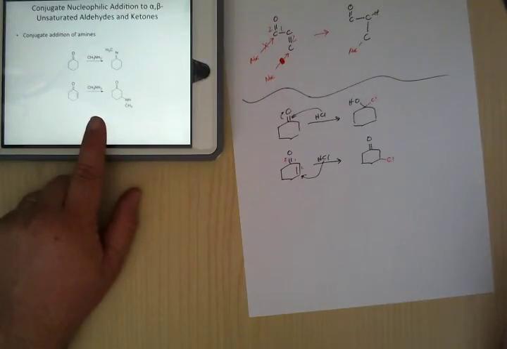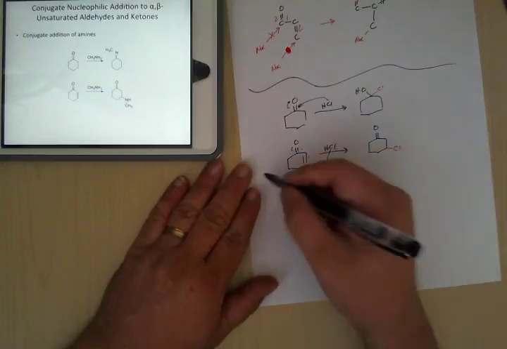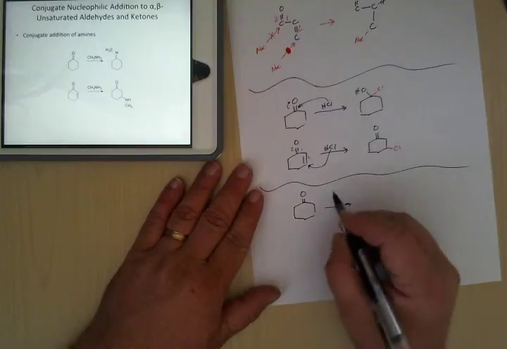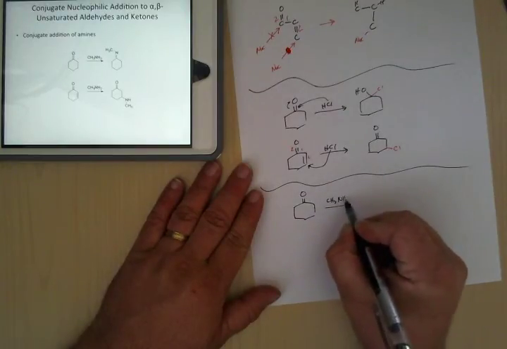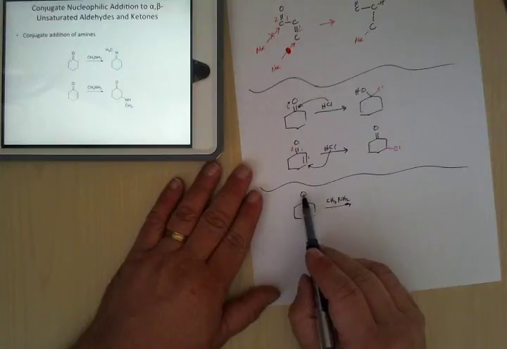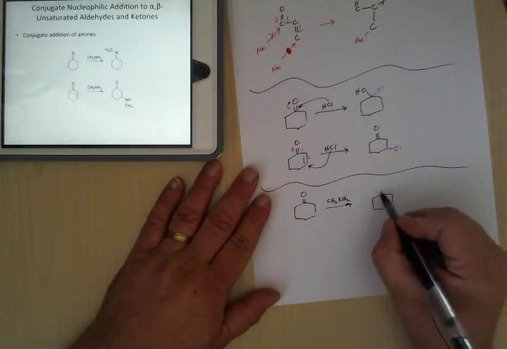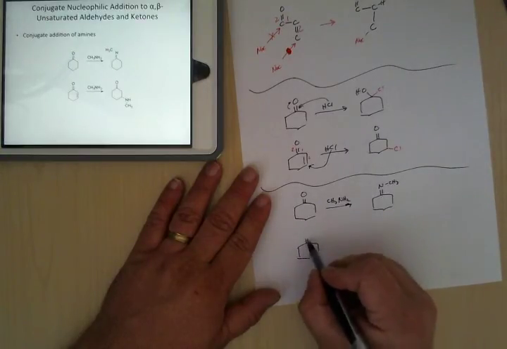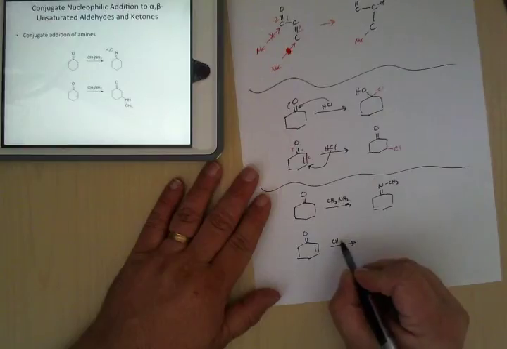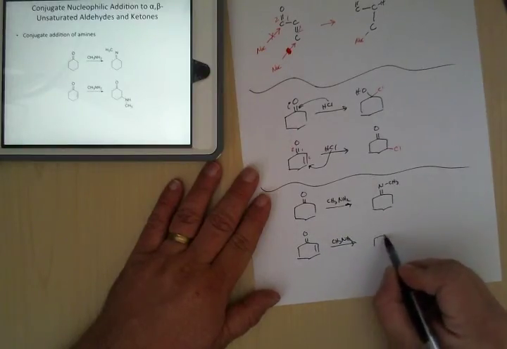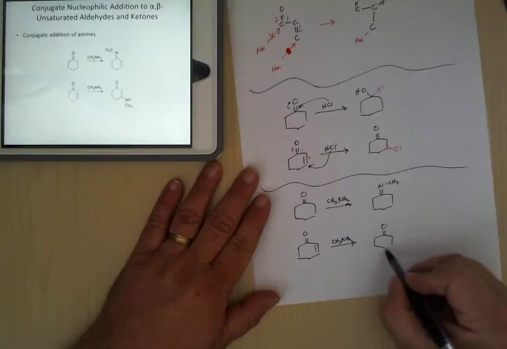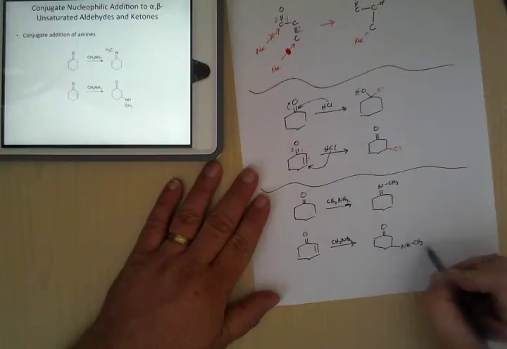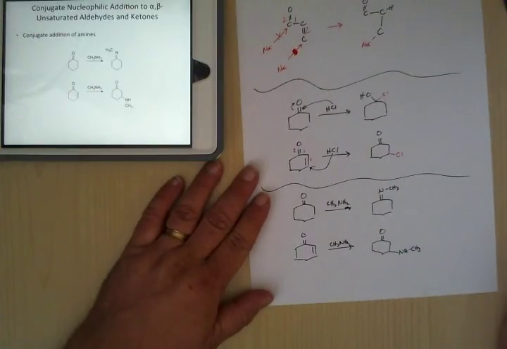Same thing happens with amines. Now this is one of the things you have to be really careful of. With methylamine, so 2 nitrogen-hydrogen bonds, you're going to get those there. But if it's in conjugation, it acts like every other nucleophile, and it ends up going down here, like that.